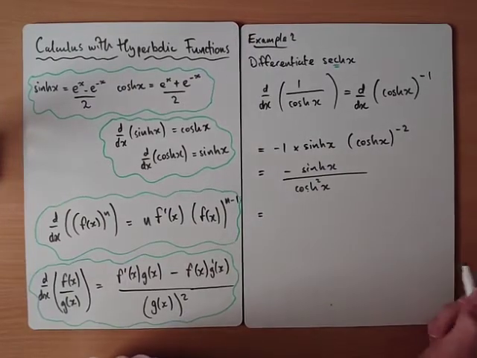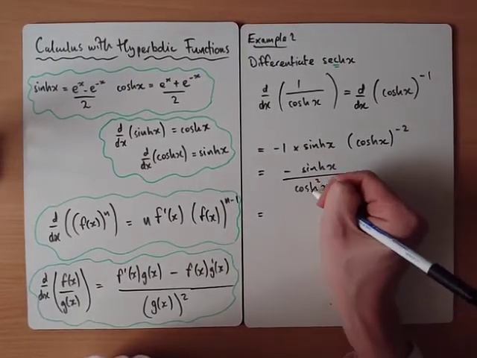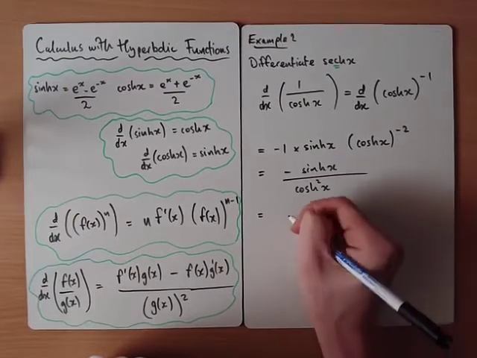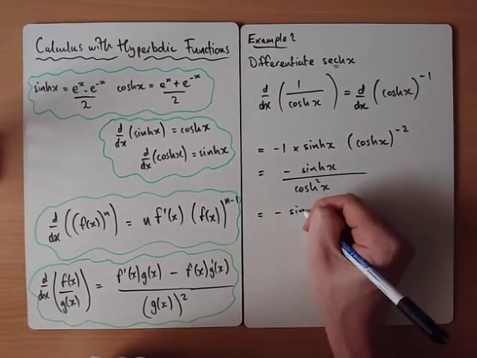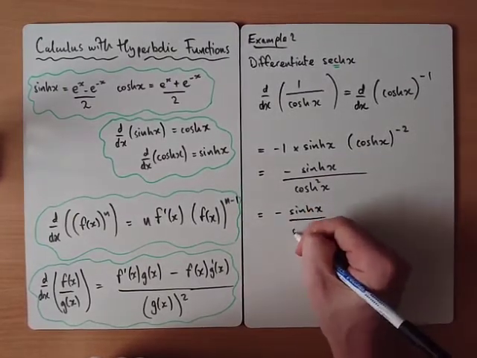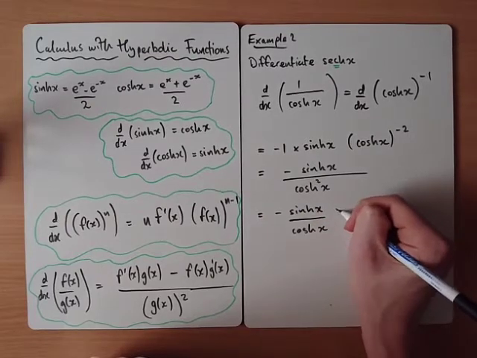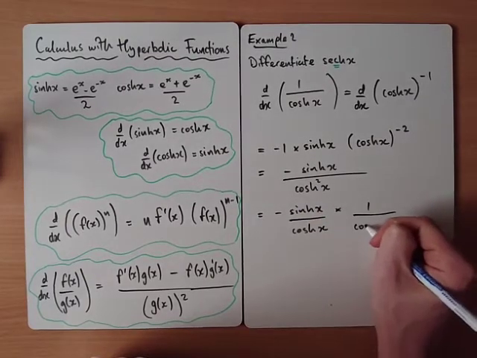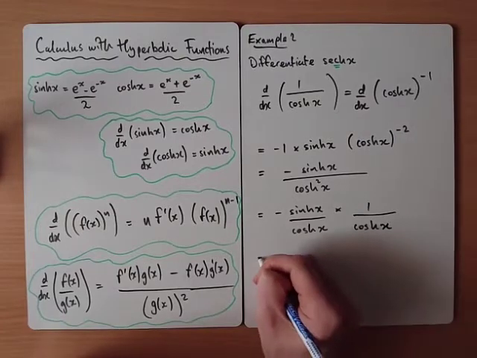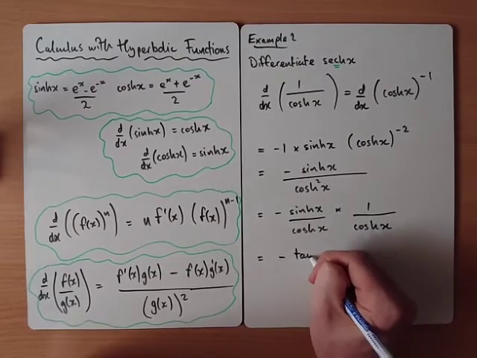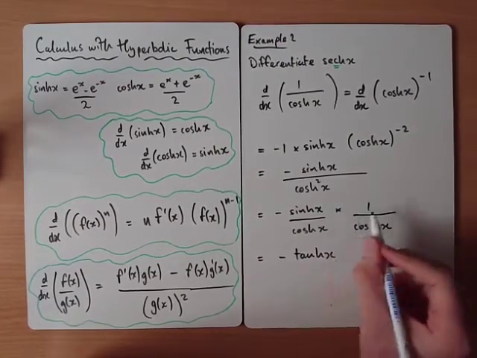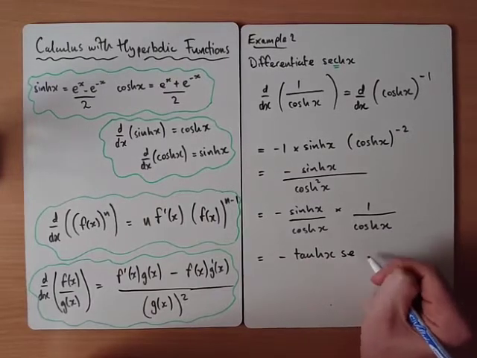Obviously we could leave it like that, but I'm thinking about tidying this up, because there's a general result that we could maybe use, which might help later. We can think about that as minus sinh over cosh times by 1 over cosh, which would be minus tanh times by sech.